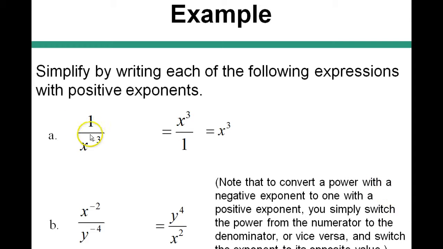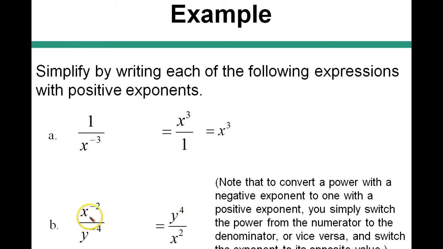Now, if we find a negative exponent in the denominator, again, just moving it up changes its sign, and every number is over 1. We don't write the 1.